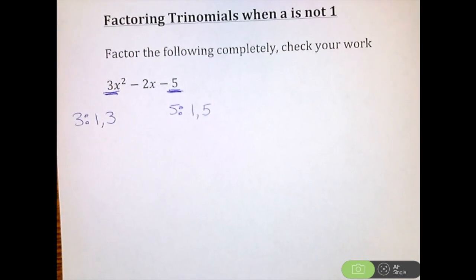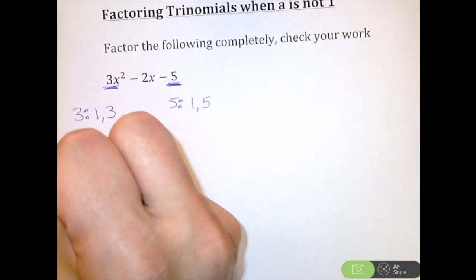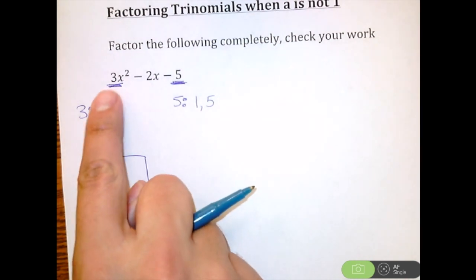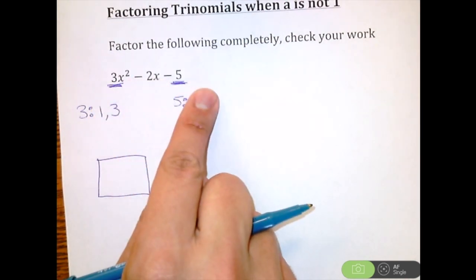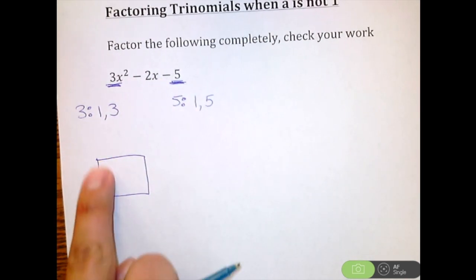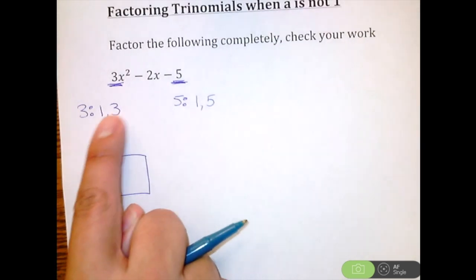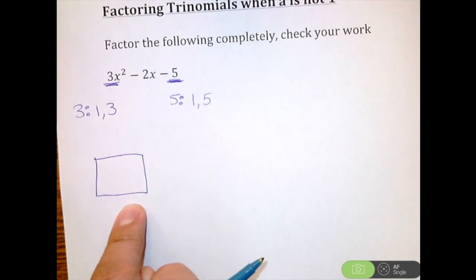Now here's what we're going to do with the box method. As it's called the box method, you need a box. Consider this the front and this the back, the front being to the left, the back being over here. So front numbers will stay in the front, back numbers will stay in the back.